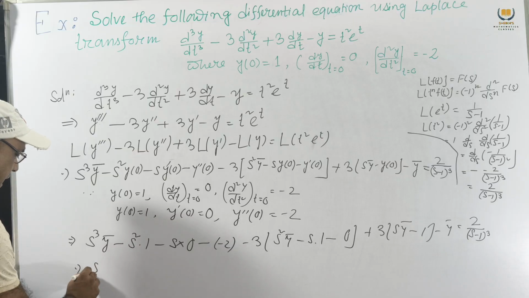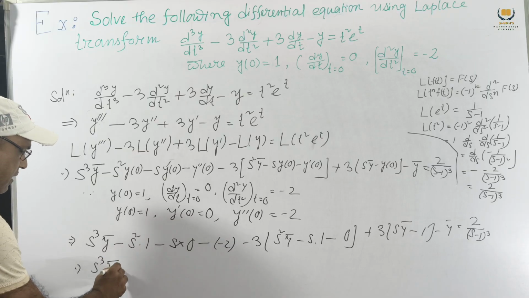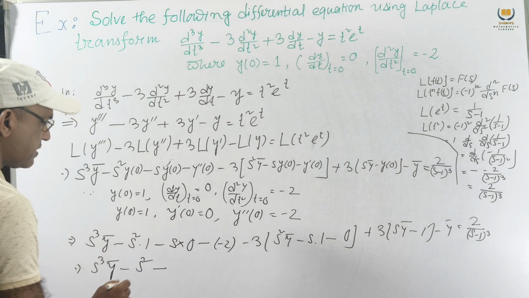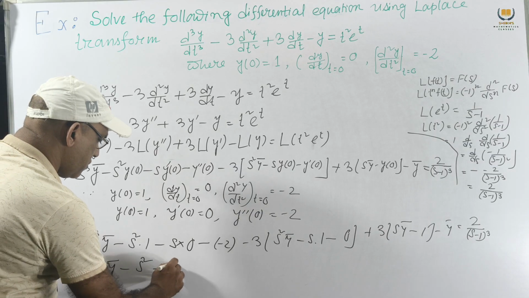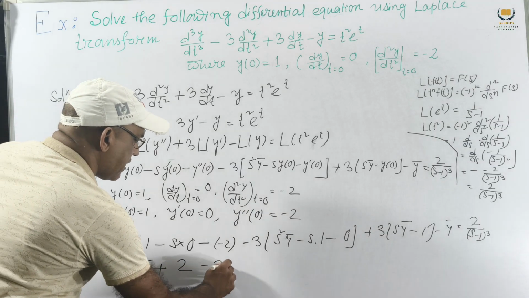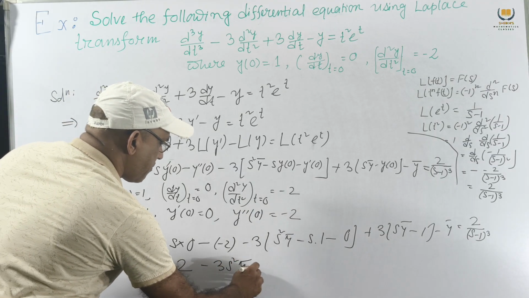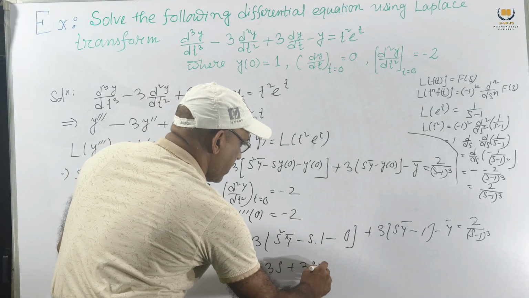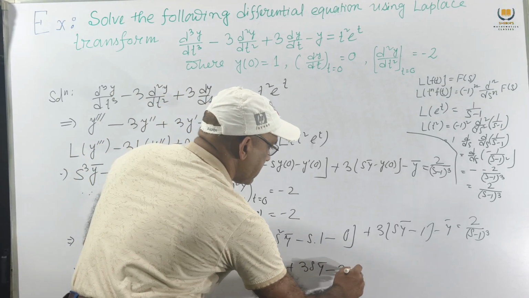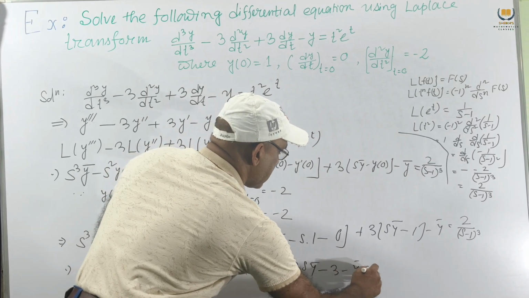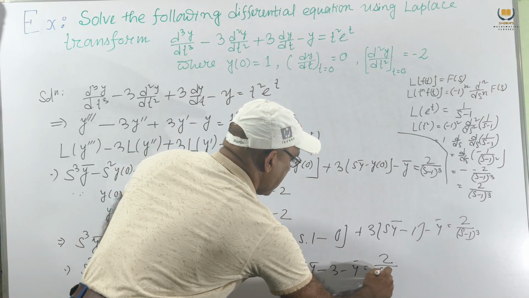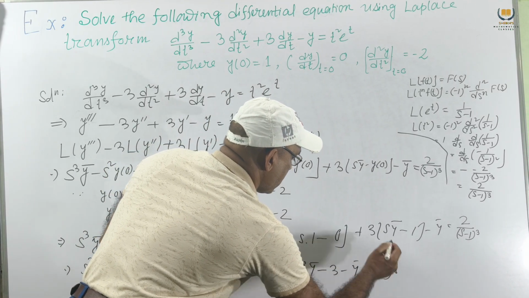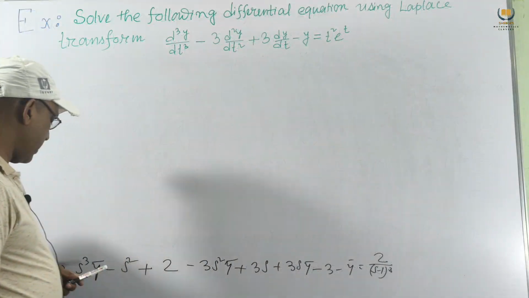This is s³ ȳ minus s² plus 2, minus 3 s² ȳ plus 3 s, plus 3 s ȳ minus 3, minus ȳ, equals 2 by (s minus 1)³. We get this one.